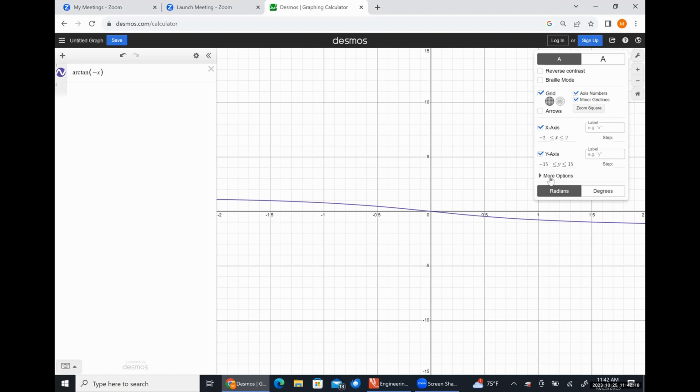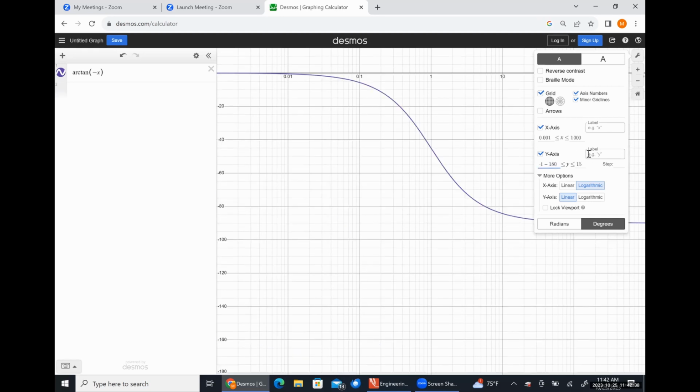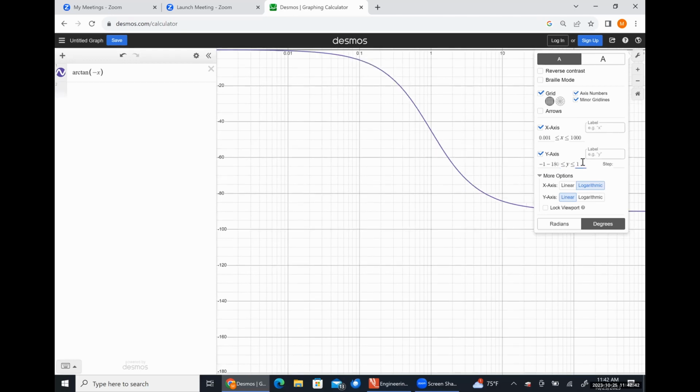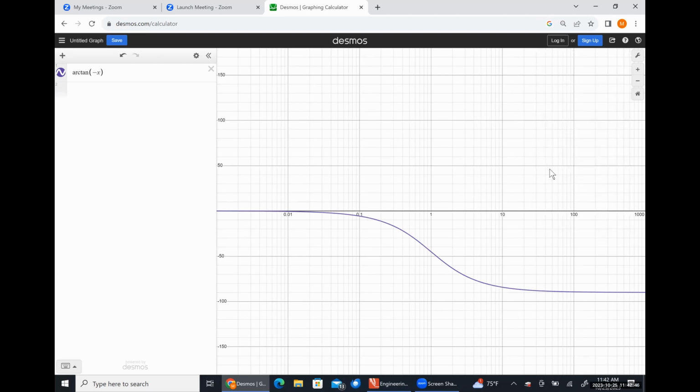And I want to go to more options, and let's make the x-axis logarithmic. Let's also put things in degrees. And let's make our y-axis go from negative 180 to positive 180. And get this out of the way.